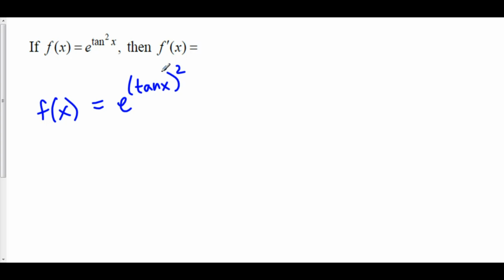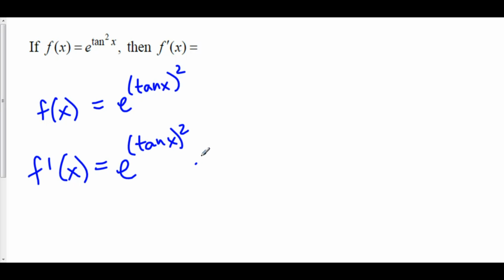And visually, this is a bit more appealing if we're doing chain rule. So f prime of x, here we have e to the stuff. The derivative of e to the stuff is e to the stuff times the derivative of the stuff.